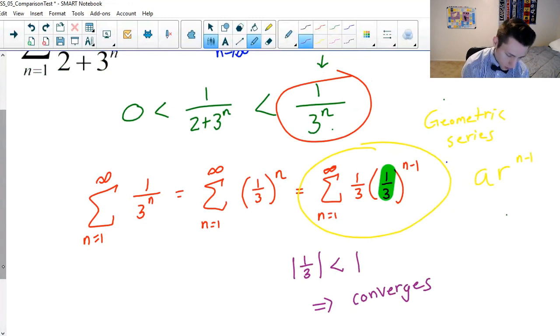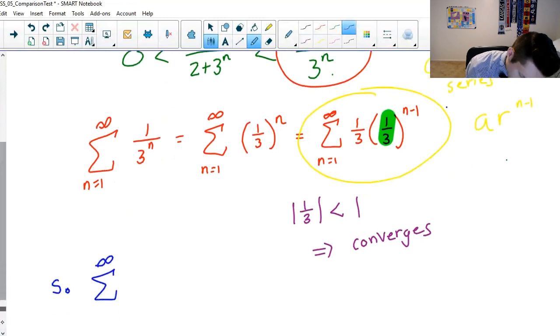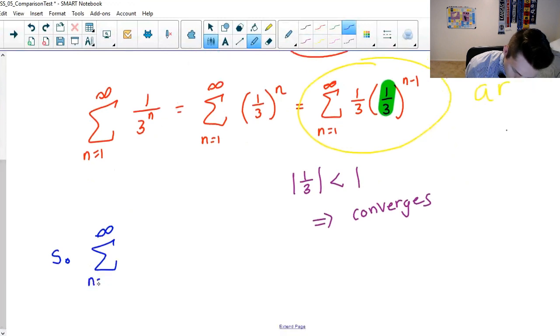So I know that will also converge, and that is by the comparison test.